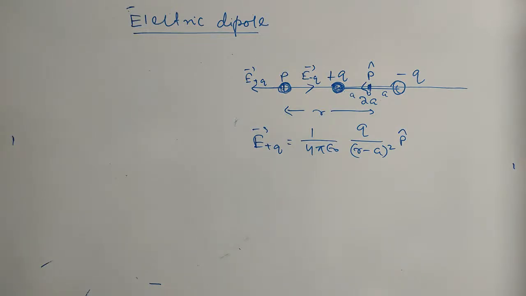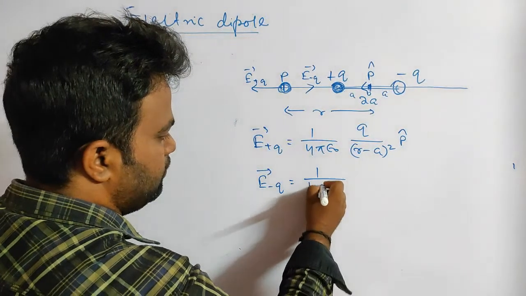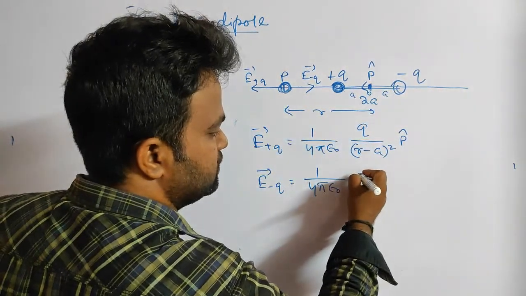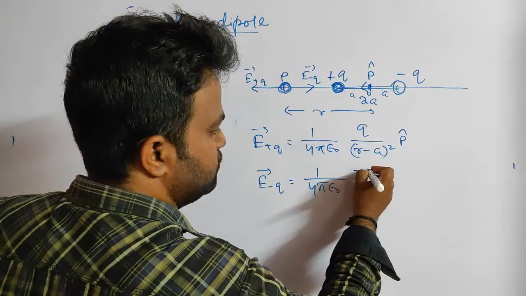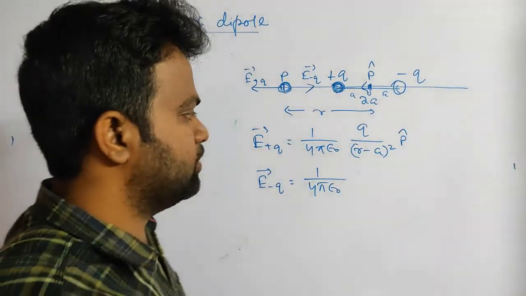Now, it will be 1 by 4 pi epsilon naught, and this is minus Q, that's why we will use the negative sign once, not twice.